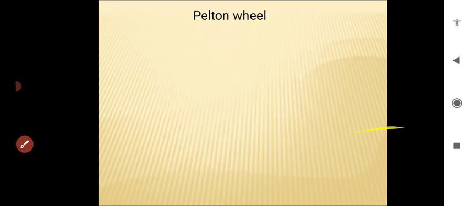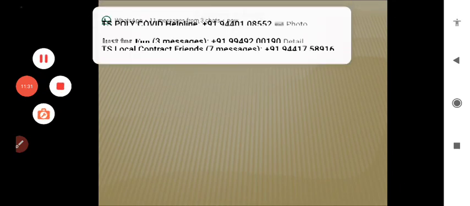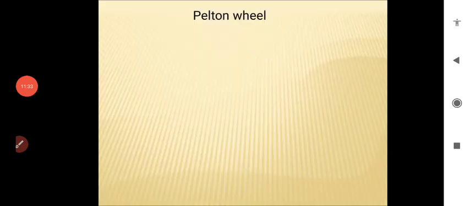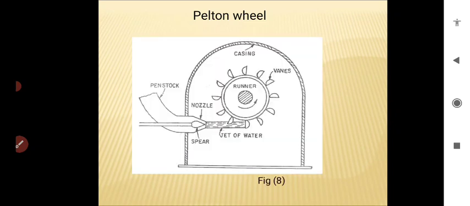Now the Pelton wheel, we will discuss the working principle of the Pelton wheel. Now we will discuss the introduction, construction and working principle of the impulse turbine. Observe this diagram, you will get an idea about the Pelton wheel.